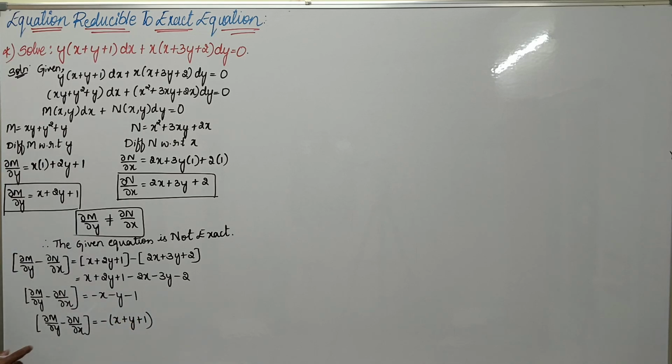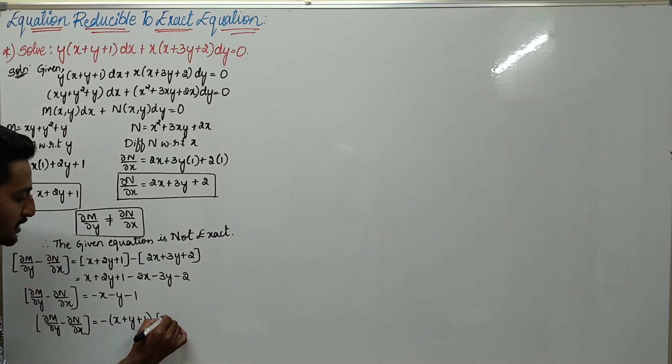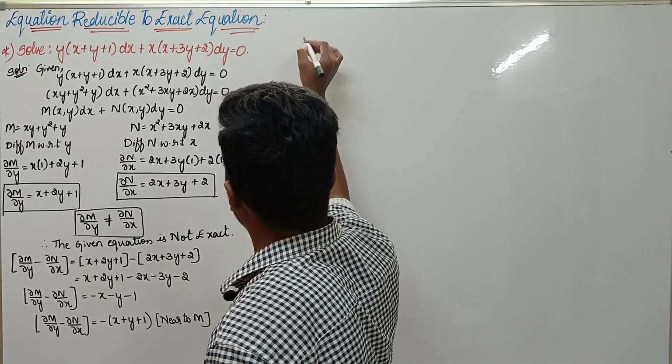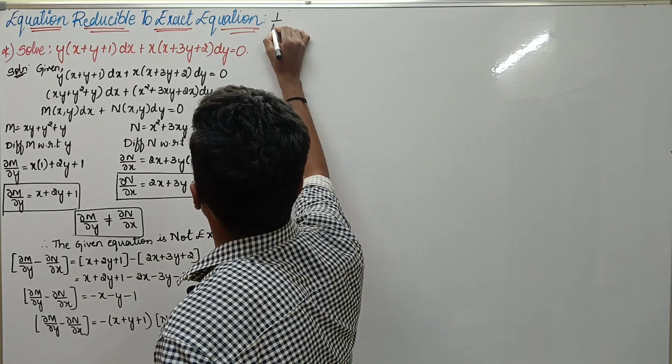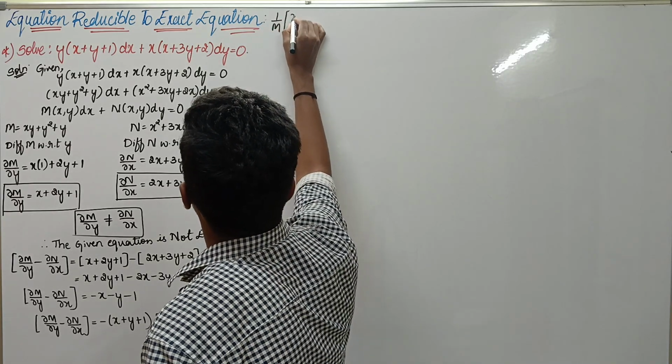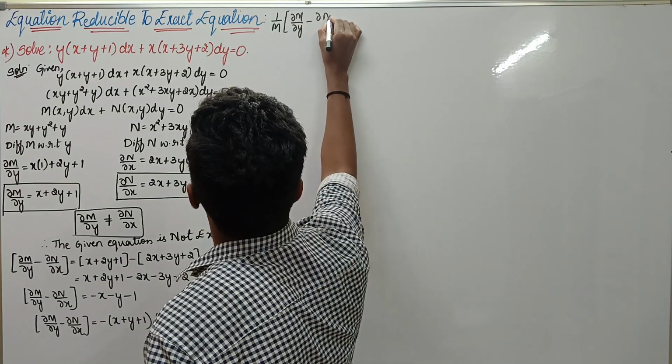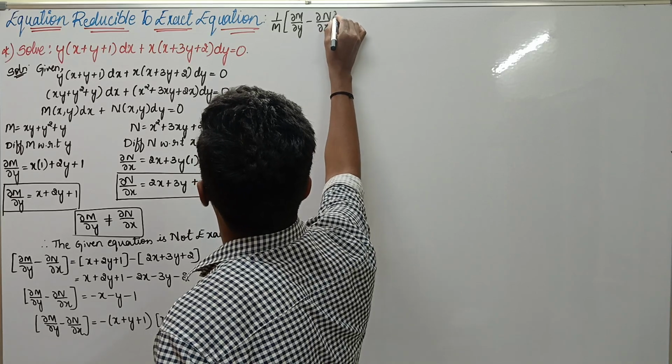Now, if you check which this expression is nearest to, it is slightly nearer to M. So I am going to represent it in the form 1 by M into (dou M by dou y minus dou N by dou x).